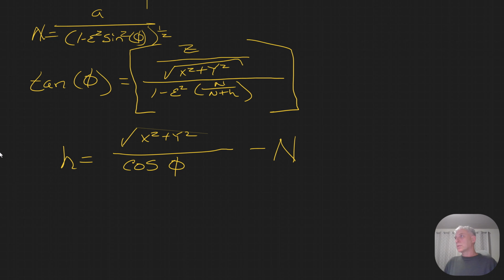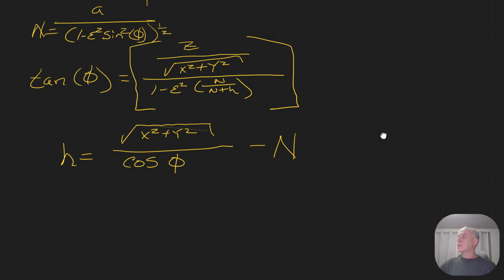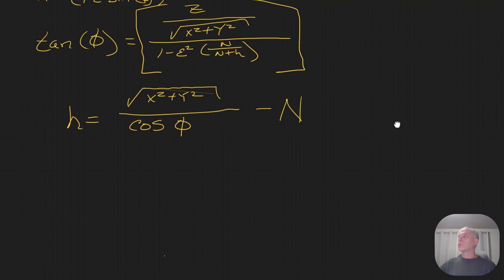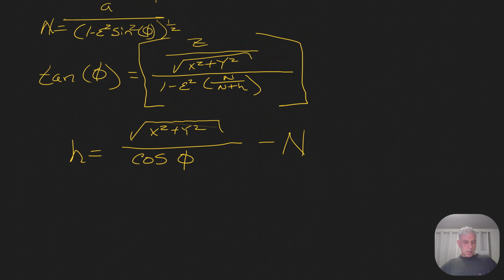So that should be more like that. There we go. So we have everything we need in order to extract that latitude and height from our XYZ coordinates. We're going to do an example, but first I'm going to walk you through the process.